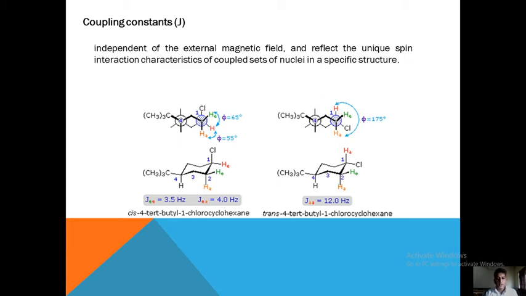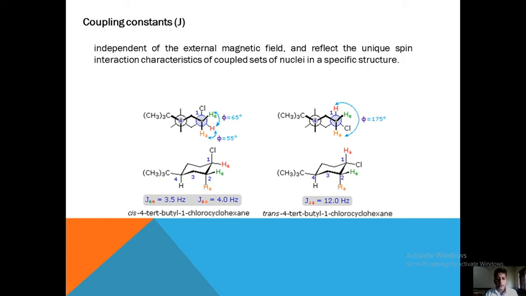The structures of cis and trans 4-tertiary-butyl-1-chlorocyclohexane are shown in the above illustration. So this shows how the coupling constant changes with the dihedral angle, that is theta, between coupling hydrogens.